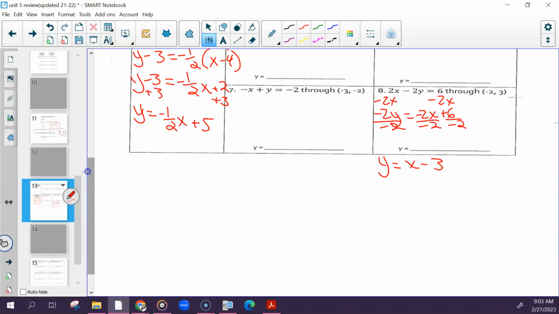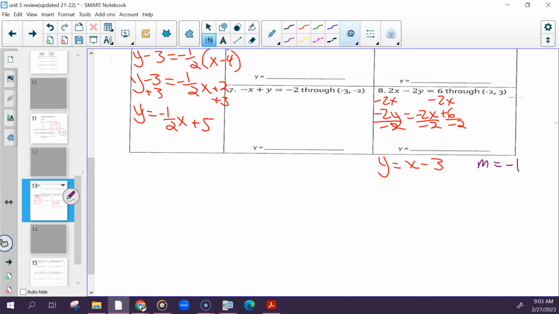What would our new equation slope be? Regina? Flip it, make it negative. So just make it negative. Negative 1, yeah. And always simplify.